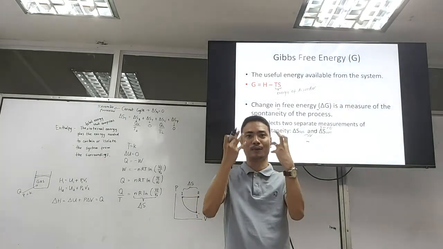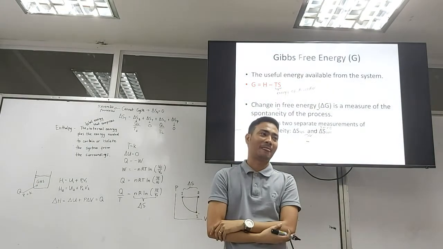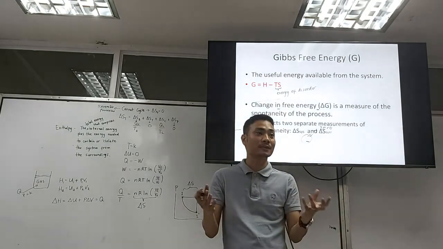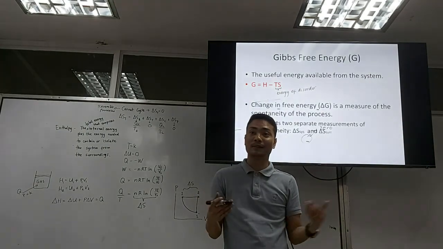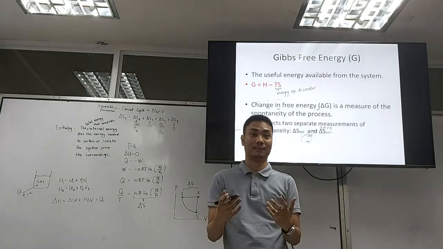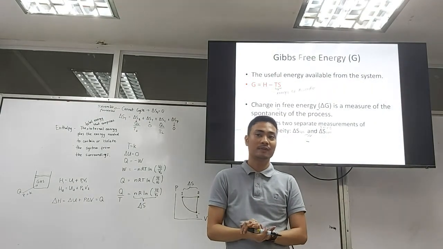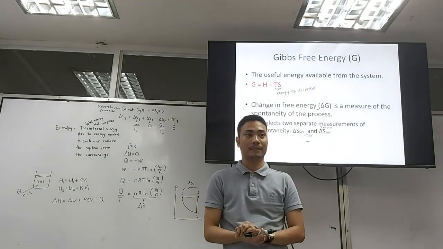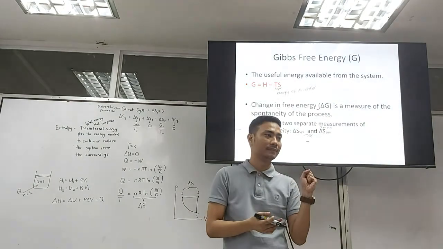Nanghihina ka, kumukulubot yung mukha mo, nagkakasakit ka. Kasi yun yung second law, di ba? It all leads to what? An increase in entropy. Diba? And so again, Gibbs free energy becomes very important. Question?